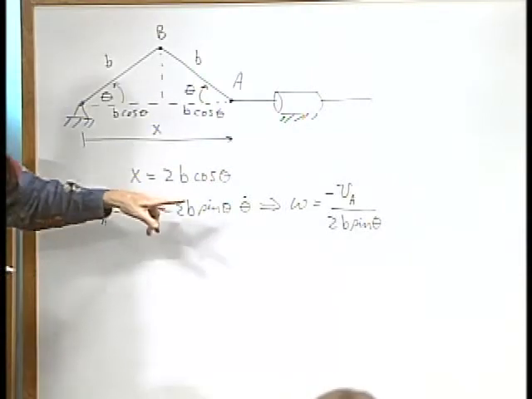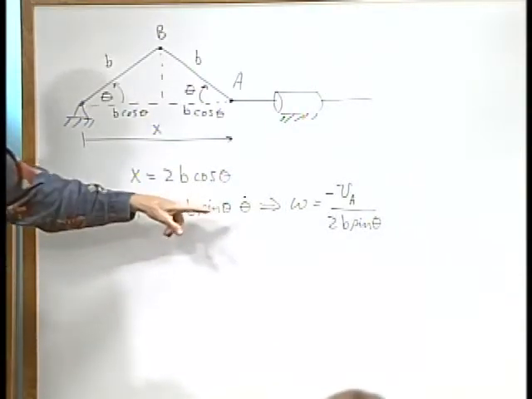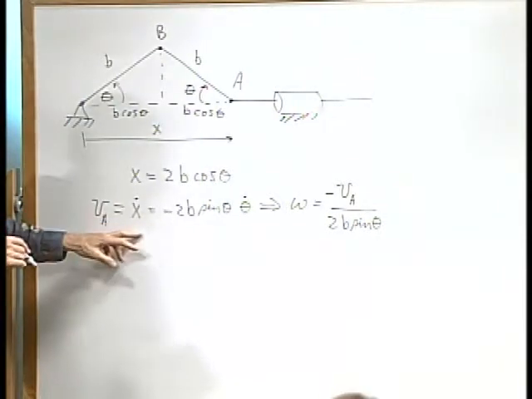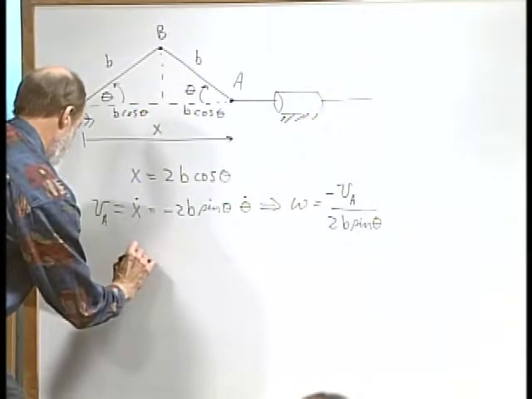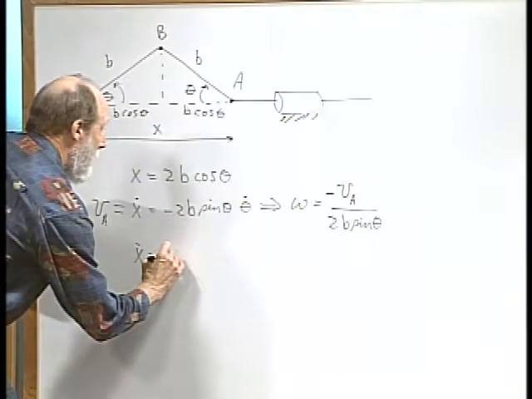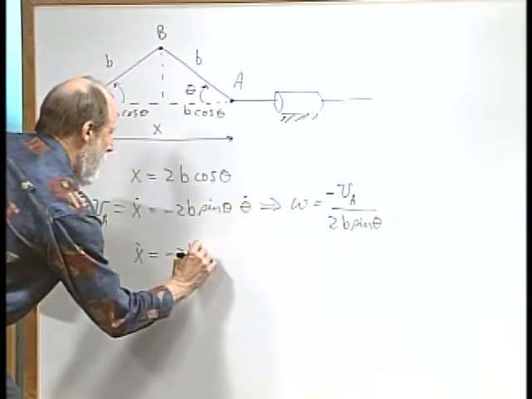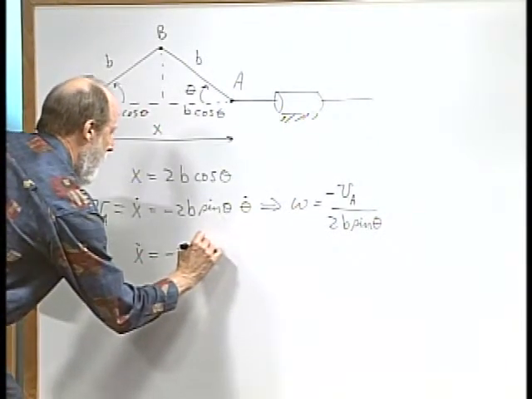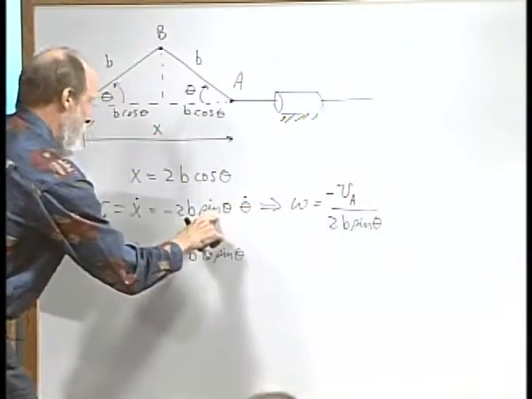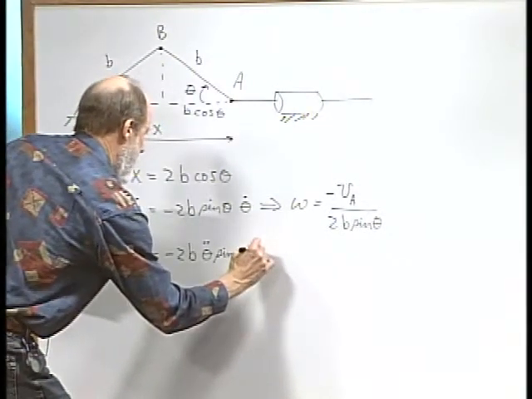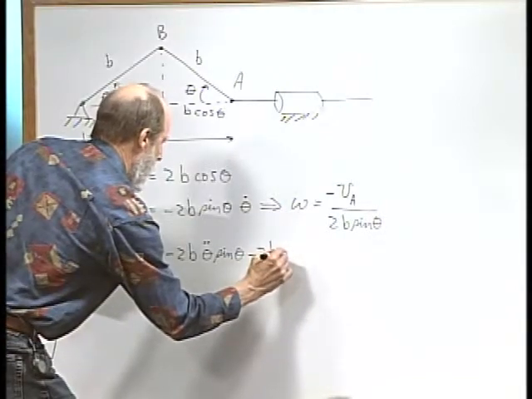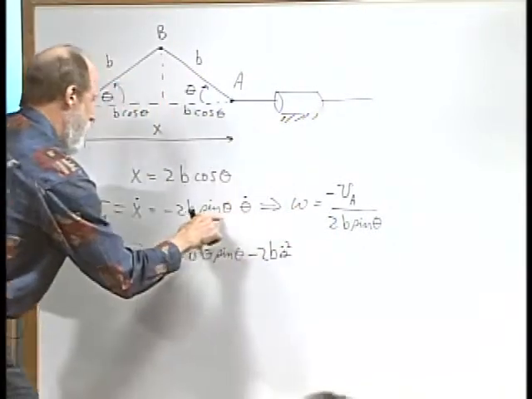What we did last class session is differentiate this a second time, and that's where we left off. We ended up getting x double dot equal to minus 2b theta double dot sine theta minus 2b theta dot squared cosine theta.